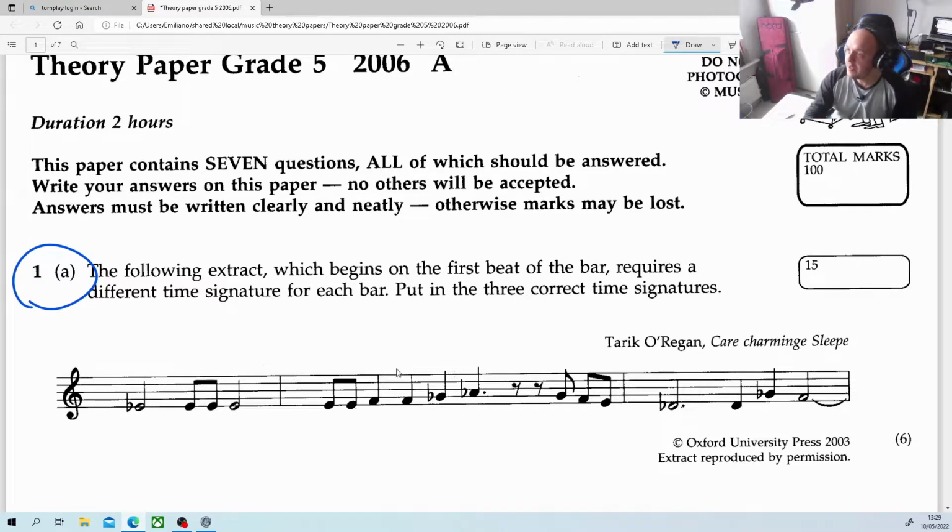Now, I'm going to do it. So 1 time signature per bar. What do we have here? We have 1, 2, 3, 4, 5 quarter notes. 5, 4.